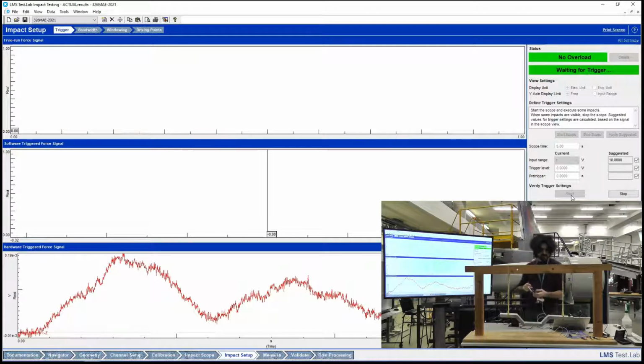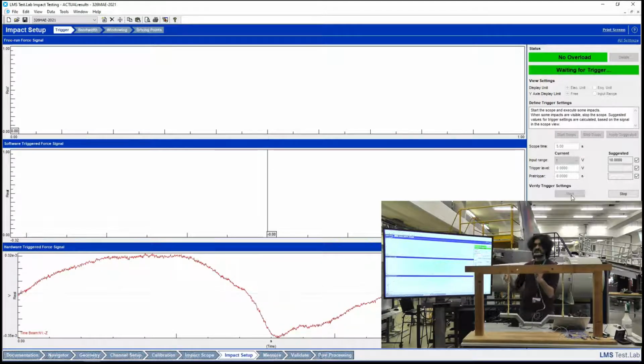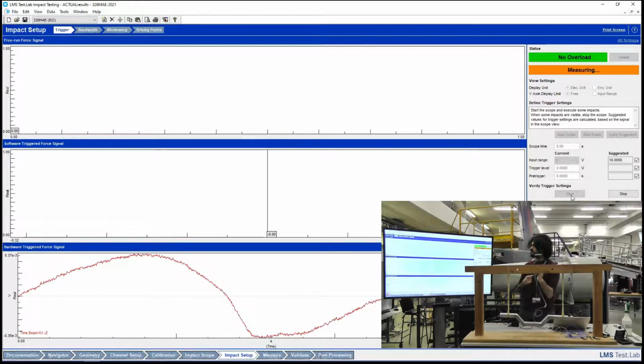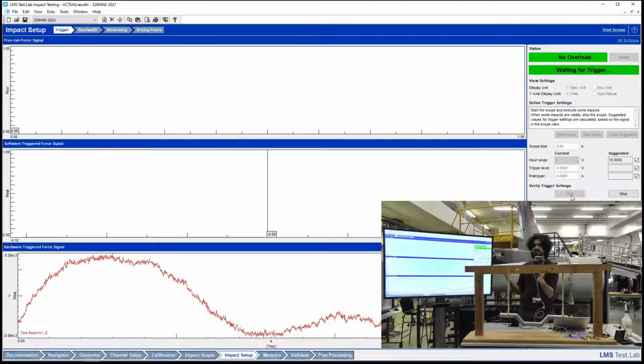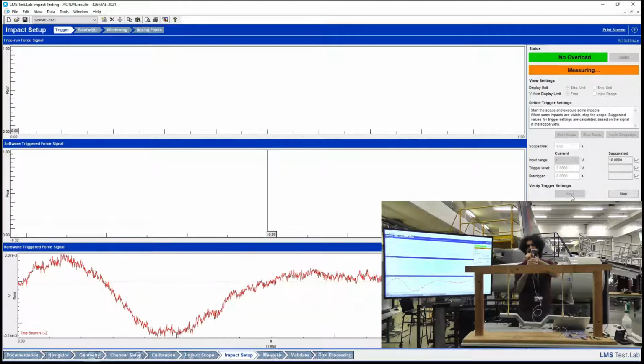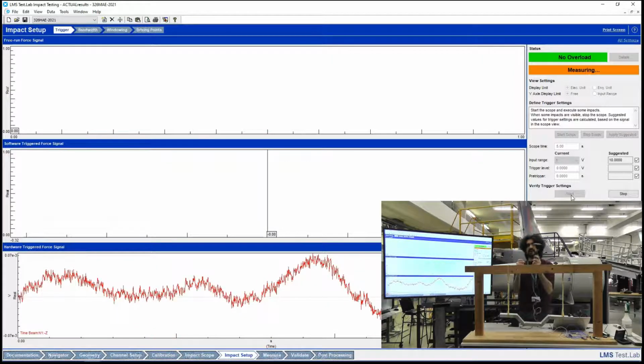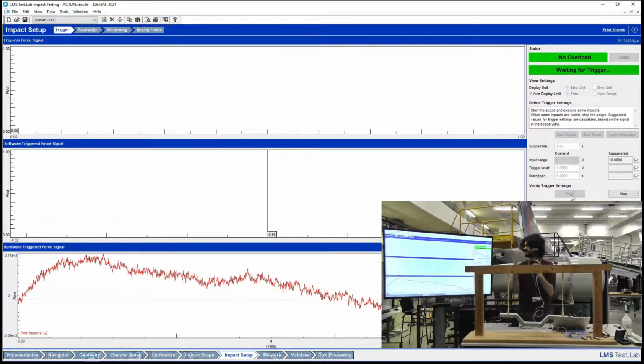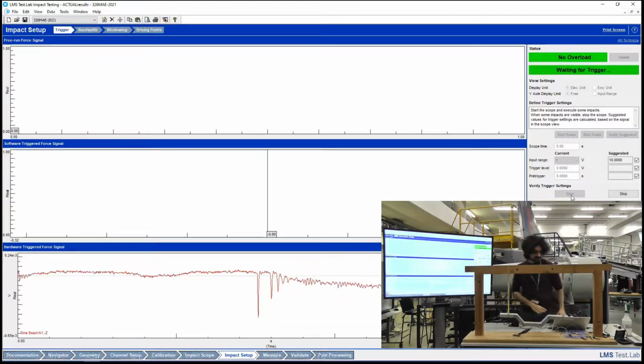See, in this case, the trigger might be too low, because by just moving the hammer, I'm triggering it. Okay, that's bad. Inside the hammer there's a mass, and if I shake it too hard, that mass is triggering. So I want to ask the software to help me.